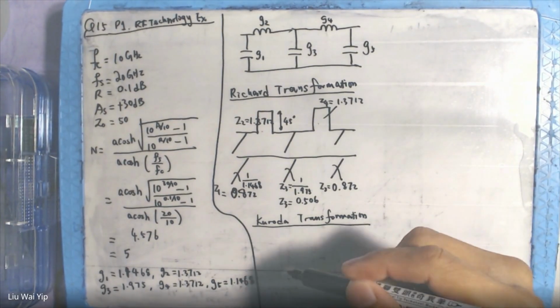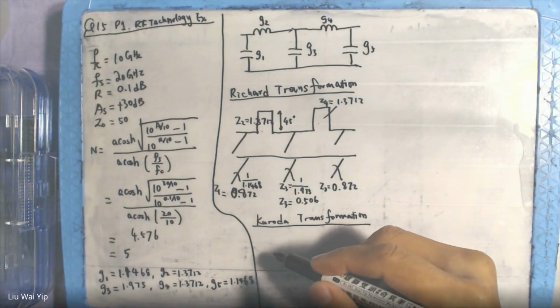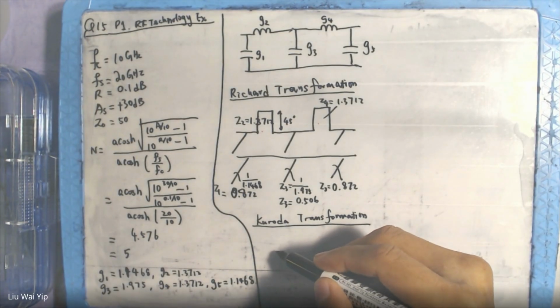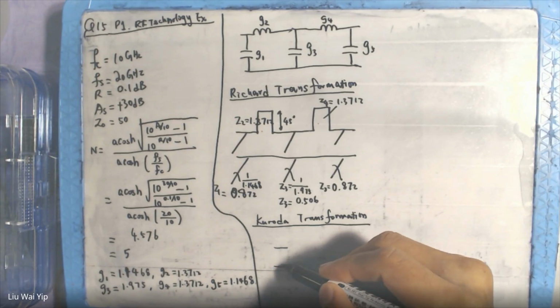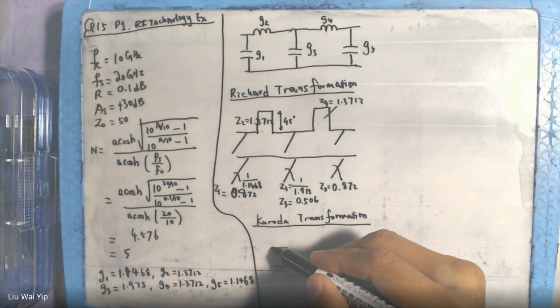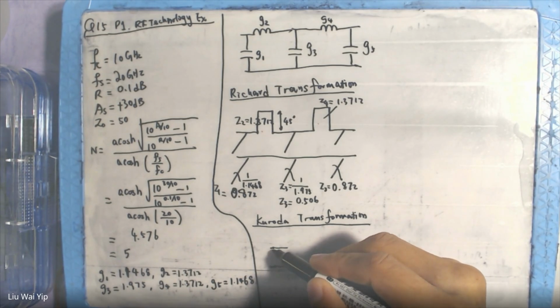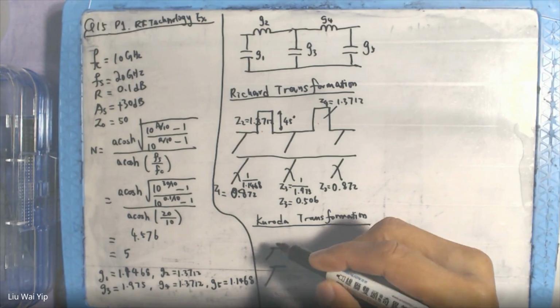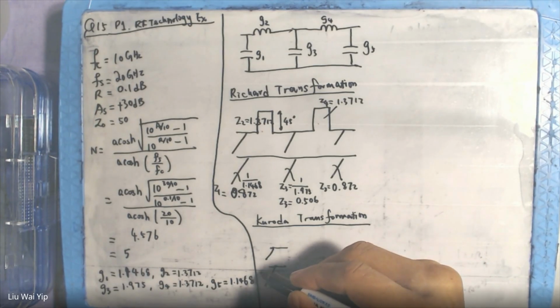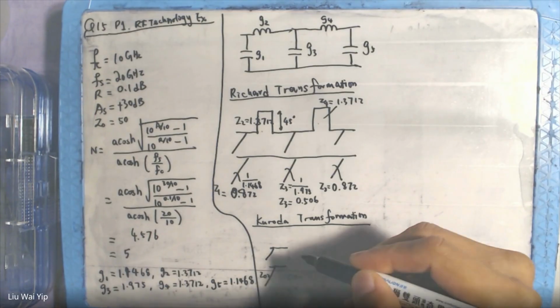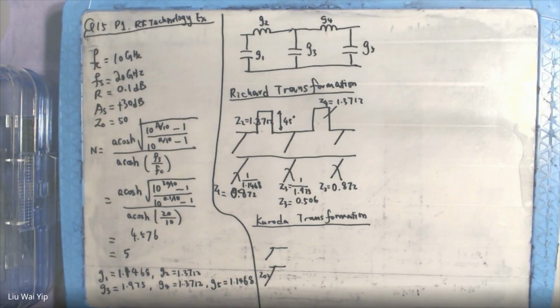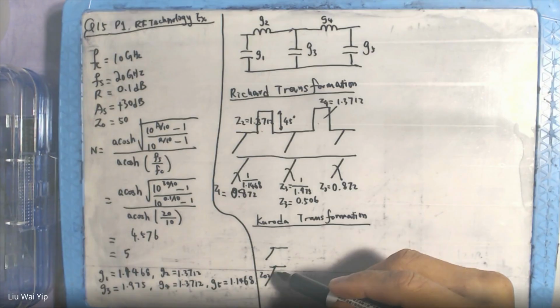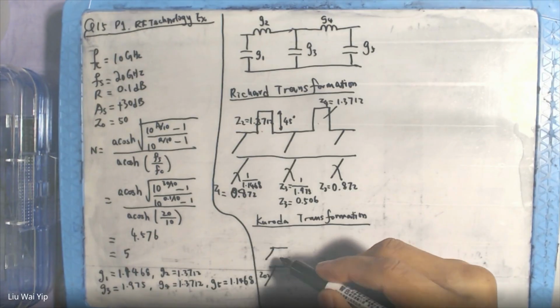For example, if you have an open circuit stub here, the open circuit stub has an impedance Z2, and it is based on a transmission line with the impedance Z1.